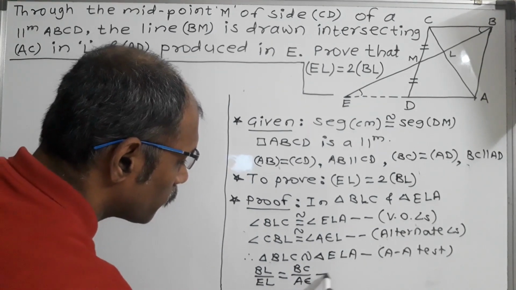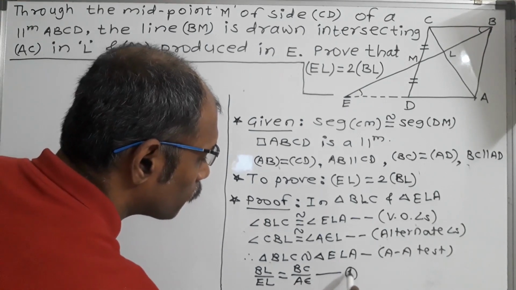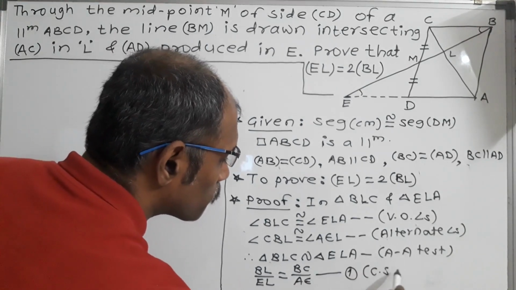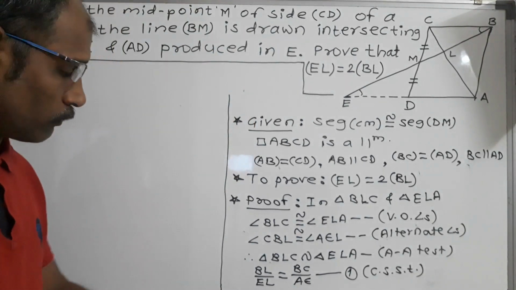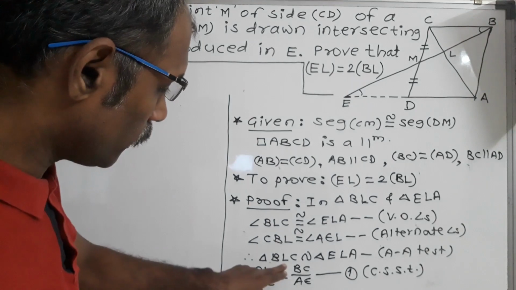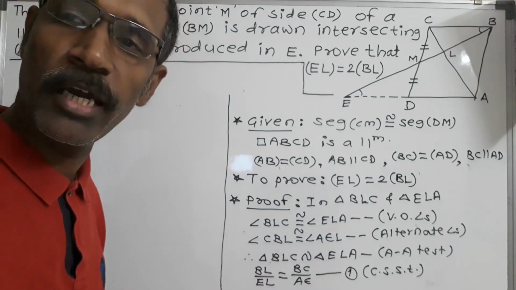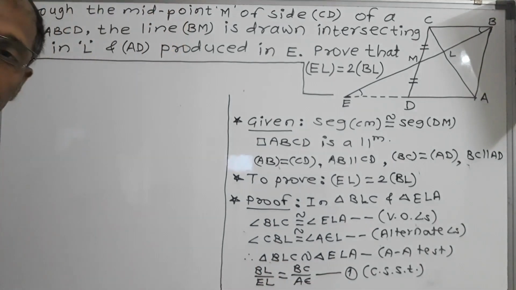This is equation number 1. This is because of corresponding sides of similar triangles, the ratio of their corresponding sides is in proportion.